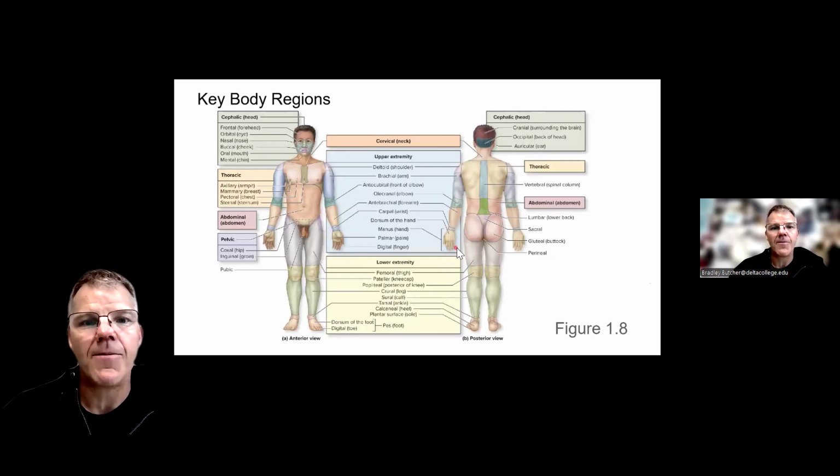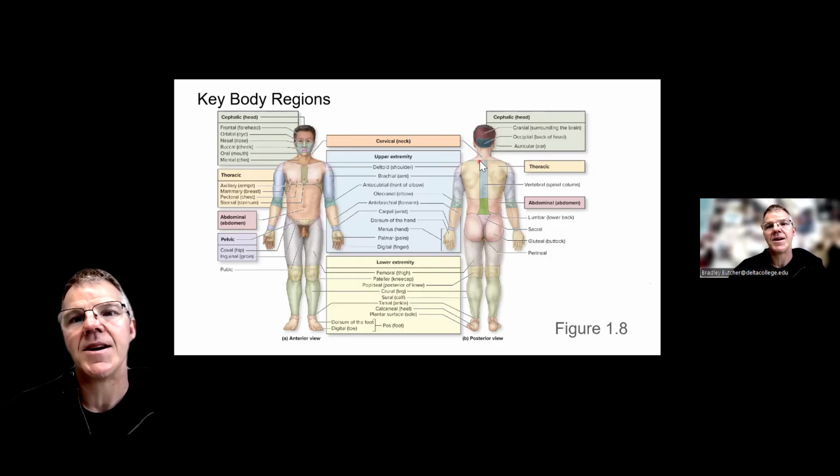So these terms, I hate to do this to you, you've got to know them. I highly recommend taking your body organizers like this, getting some colored pencils, dividing up the regions and writing them down.